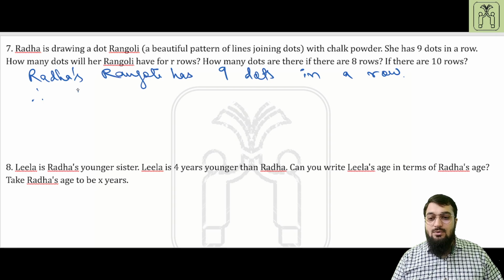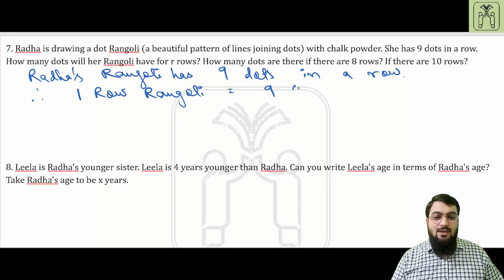Therefore, one row rangoli is equal to 9 dots. We can write it like this. How many dots will her rangoli have for R rows? So, 2 row rangoli.